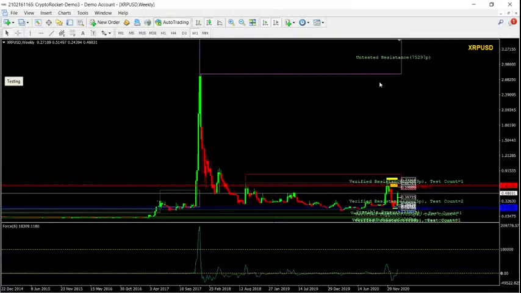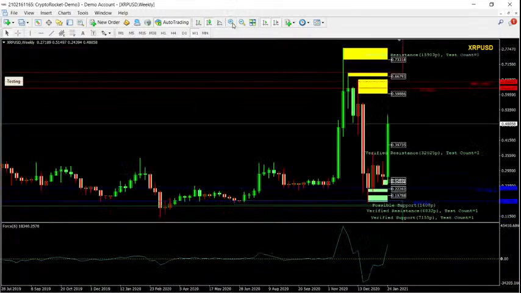And XRP, this one's been in the news lately, and this is another reason why I brought up the force index, or the TDFI as people often call it. Let's zoom in here a little bit. I'm going to go over this more deeply when we get to TradingView.